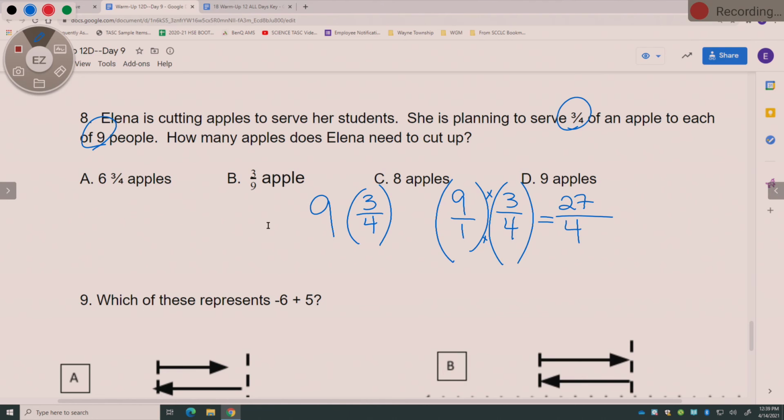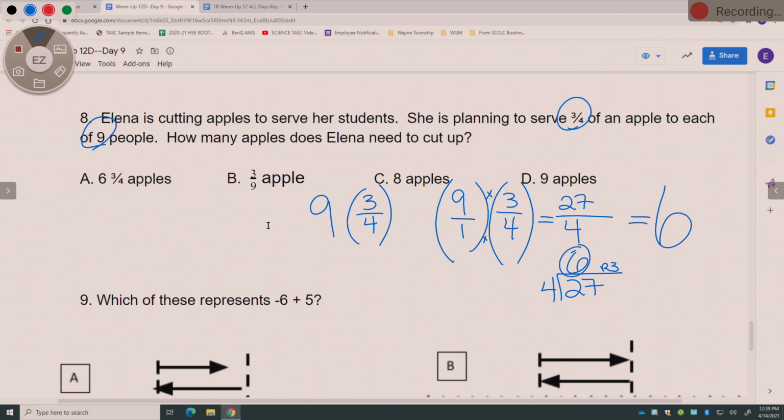So remember, I look at how many times 4 goes into 27. 4 goes into 27 6 times. Now 6 times 4 is 24, so I have a remainder of 3. This 6 is my whole number.